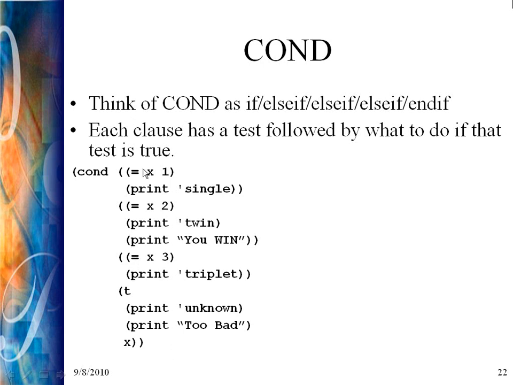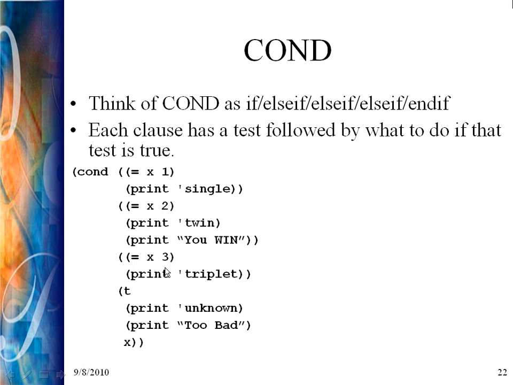If it doesn't equal 1, you go to the next statement, which says if it equals 2, do these two commands, print twin, print you win, return the value of this print statement, and don't do anything else. Here's where x equals 3, and this last case, it's just t.